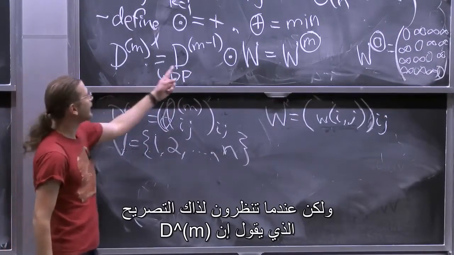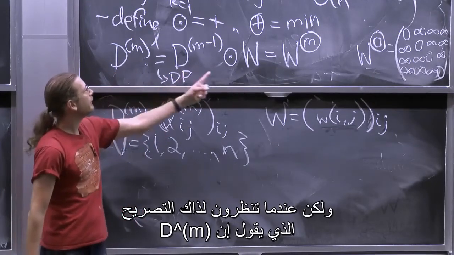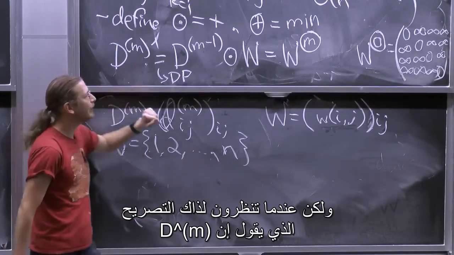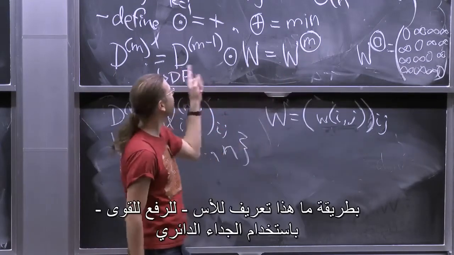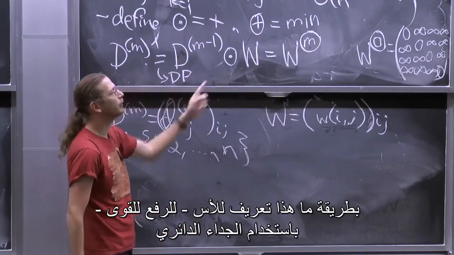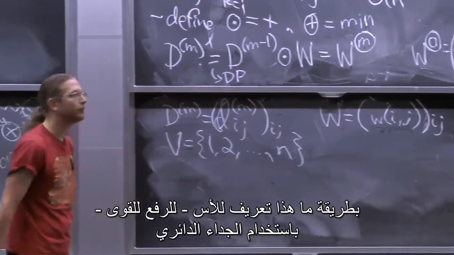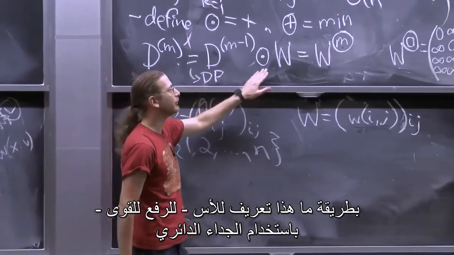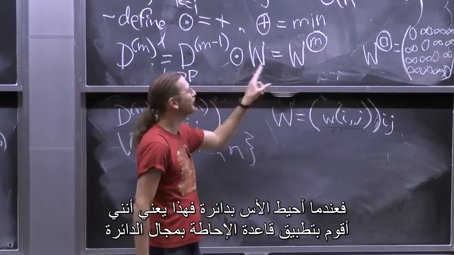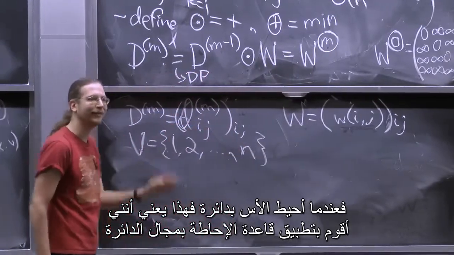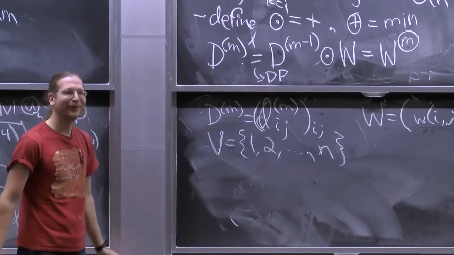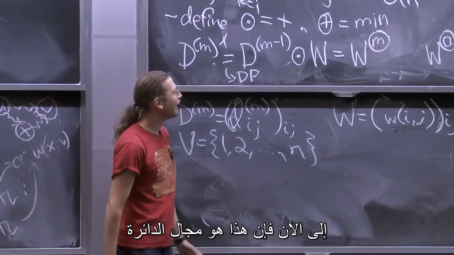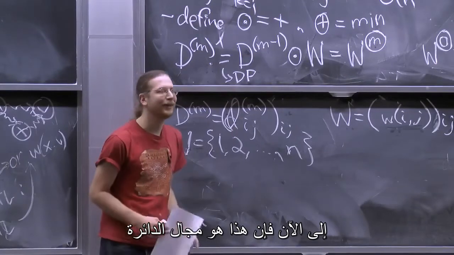But when you look at that statement, it's saying that D^(m) is really W circle power m. This is a definition, in some sense, of exponentiation using circle product. So when I circle the exponent, that means I'm doing circle exponentiation, in circle land.